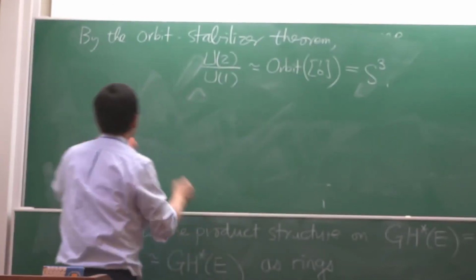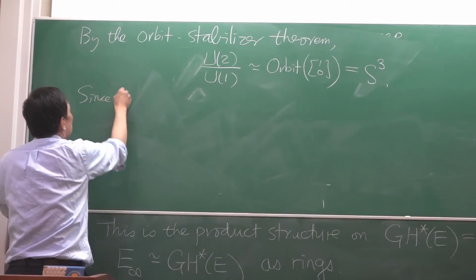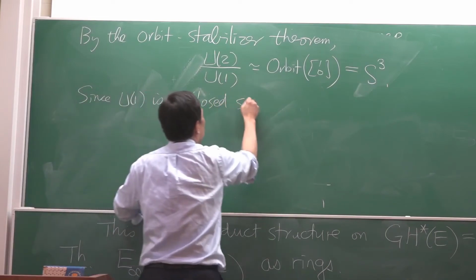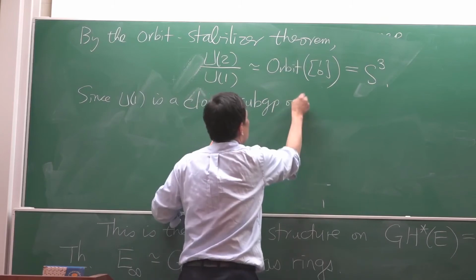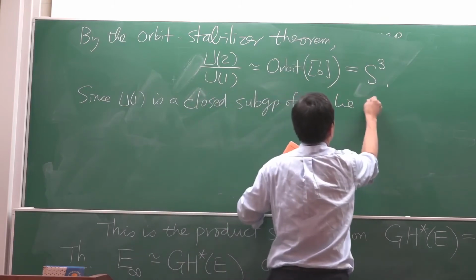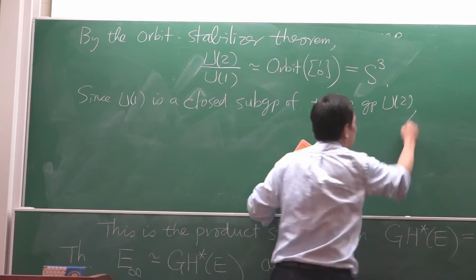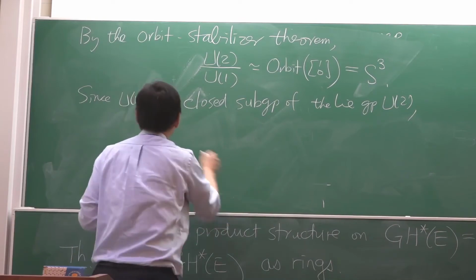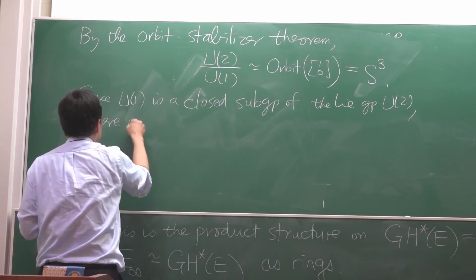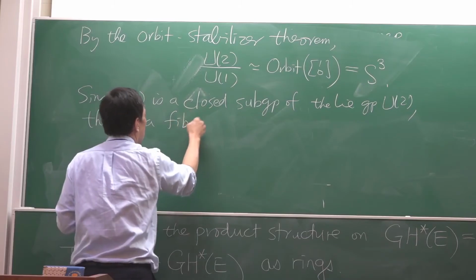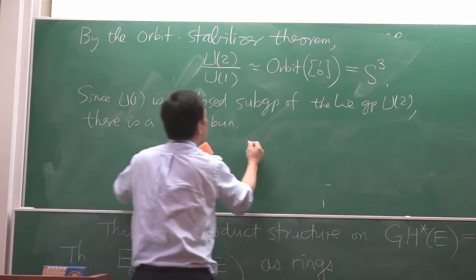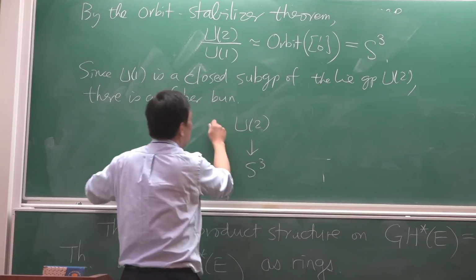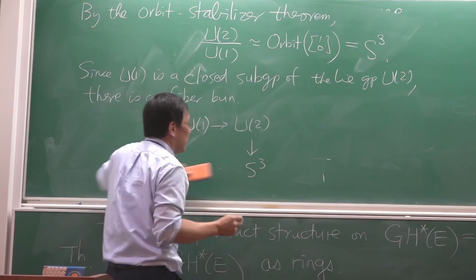And since U1 is a closed subgroup of the Lie group U2, when you have a closed subgroup, then there's a fiber bundle. U2 maps to S3, and the fiber is U1.